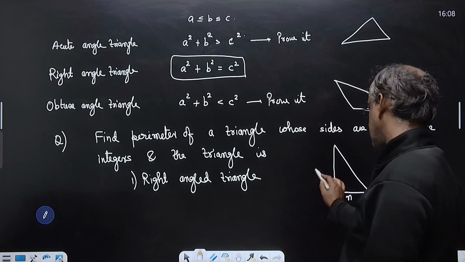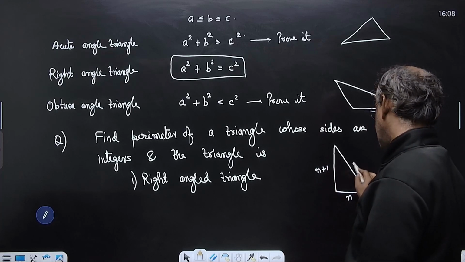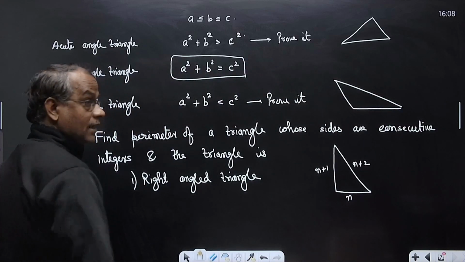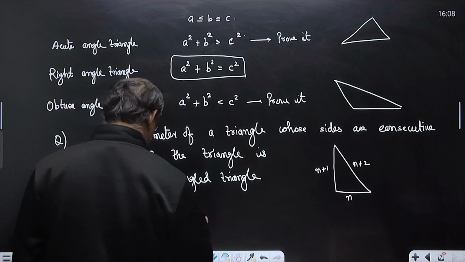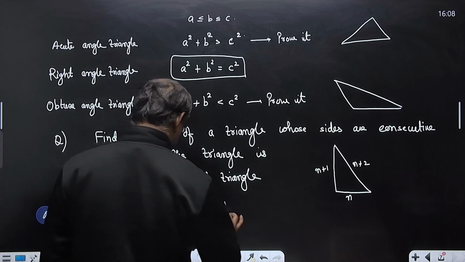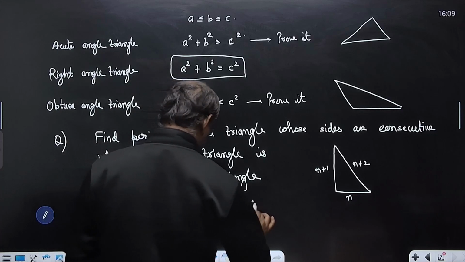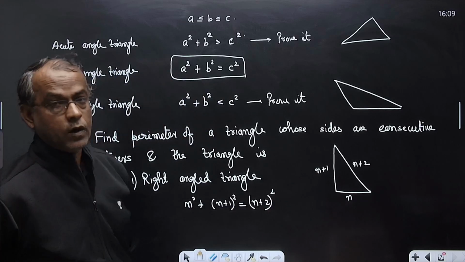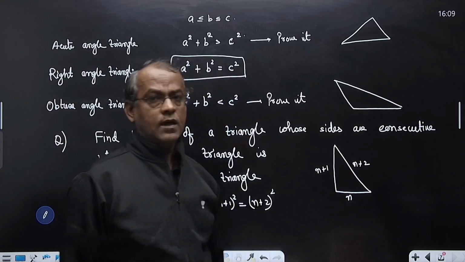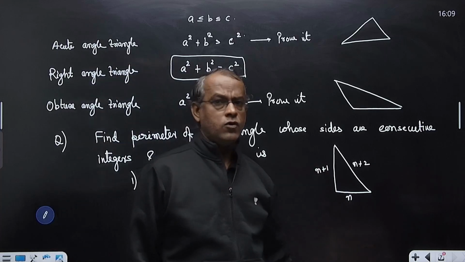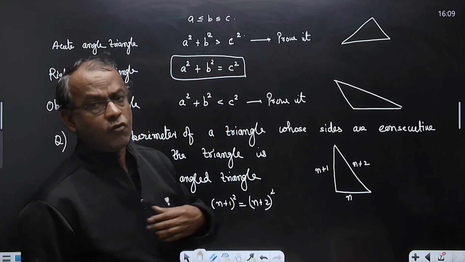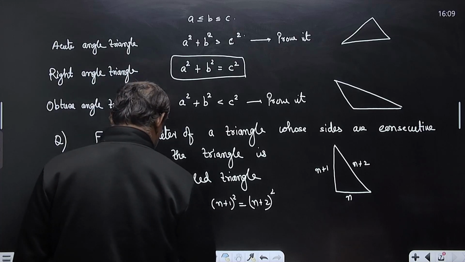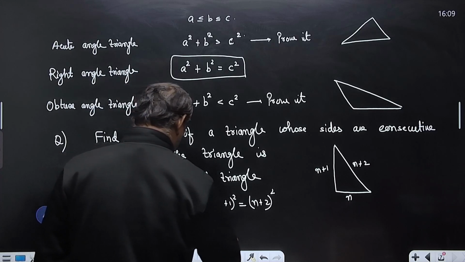Say the sides are n, n plus 1, n plus 2. The largest side would be the hypotenuse. So, if it is a right angle triangle, n square plus (n plus 1) square is (n plus 2) whole square. Okay. Now, I am sure lot of you would have gone through a triangle like this. 3, 4, 5 is the obvious thing that people come up with. 2n square plus 2n plus 1 equals n square plus 4n plus 4.